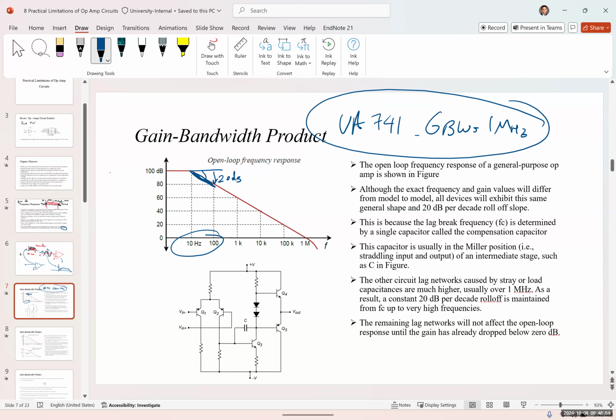Sometimes we need a broader frequency response. We would add a large feedback. Sometimes the gain is important, so we would add a small feedback or no feedback at all. Having no feedback, you would have very limited gain bandwidth or frequency response, but you would have extremely high open loop gain.